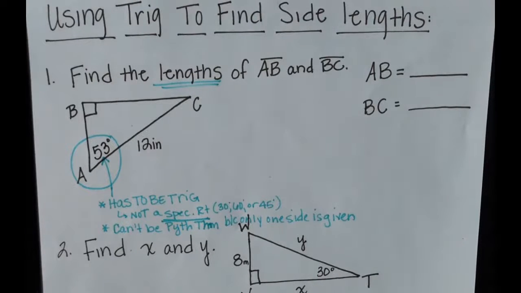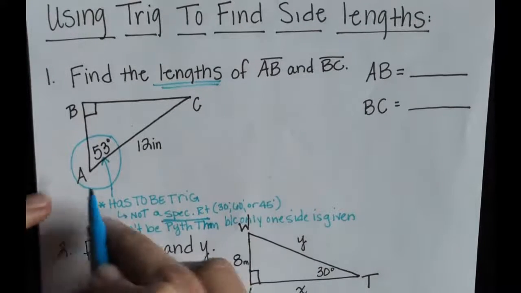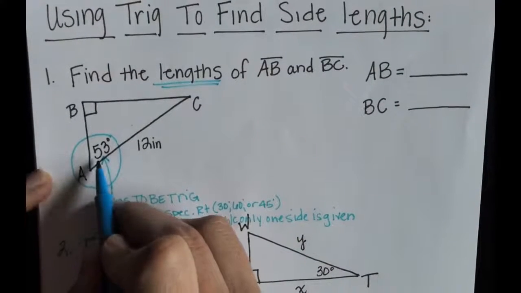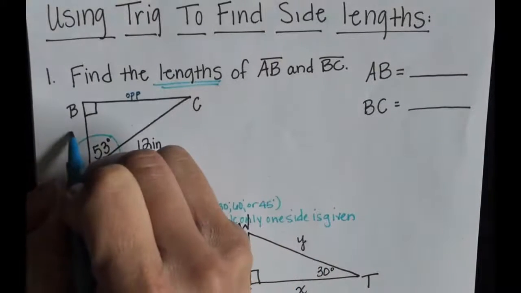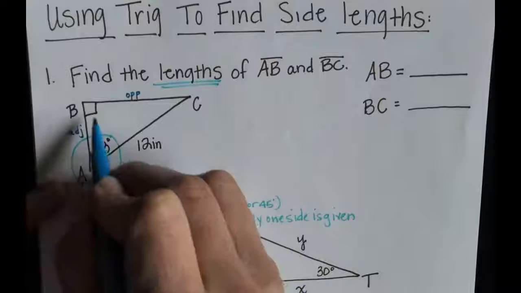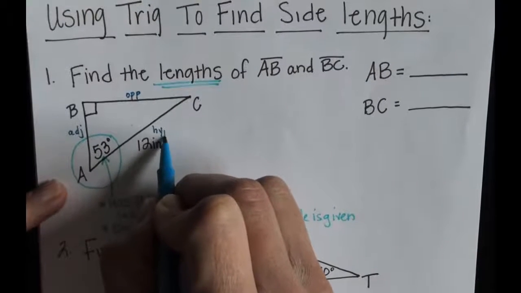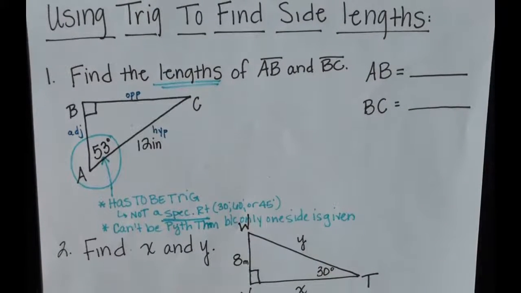So now that I know that it has to be trig, we are going to start by labeling, according to our reference angle, what our opposite side is, what our adjacent side is, and then always our hypotenuse is across from the 90-degree angle.